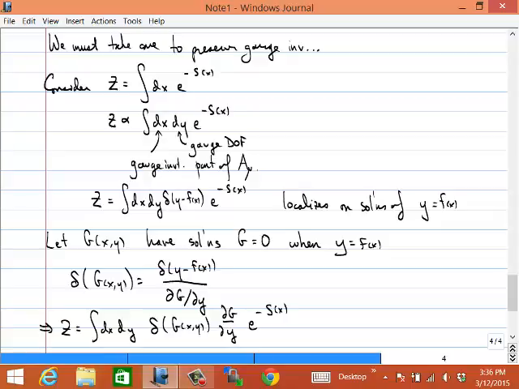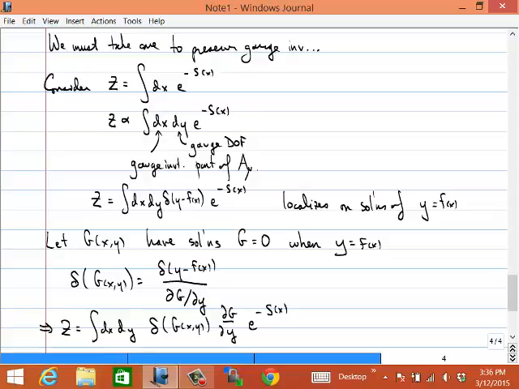So previously, we introduced this functional g, which, when we set it to 0, fixed some gauge field in the equivalence class under gauge transformations. And we want to make sure that our answer doesn't actually depend on our choice of this arbitrary function g. So that's what this derivative does.